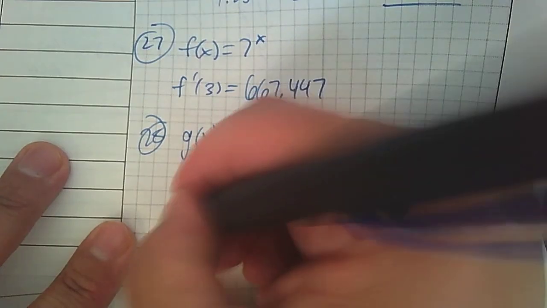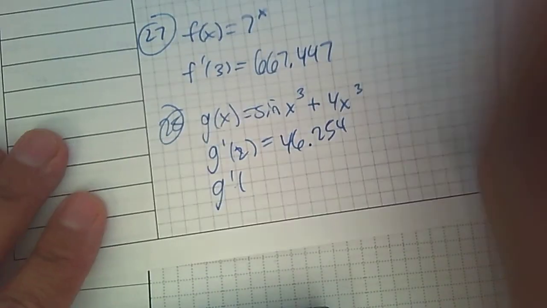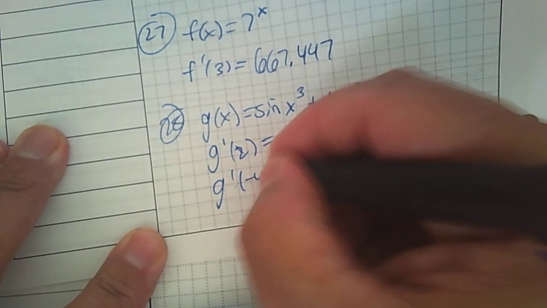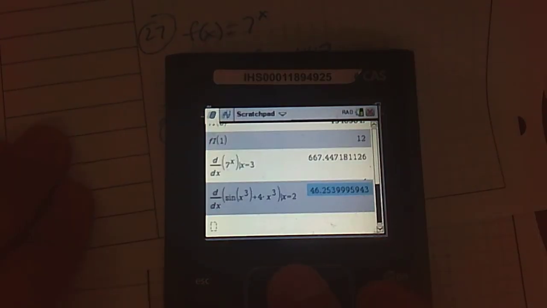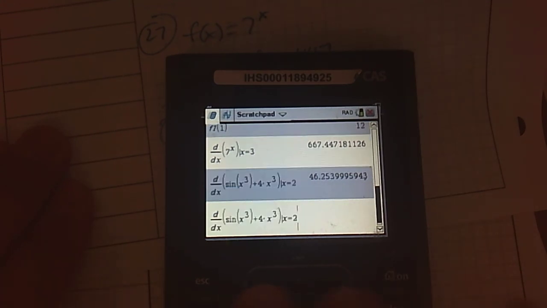Next, I want to do the same work. I don't want to retype everything in, so I'll show you. The derivative at negative 4. We already did this work, right? So I'm going to go back up and highlight, press Enter, and then all I need to change is this here. Instead of 2, we need to change it to negative 4. Control Enter.